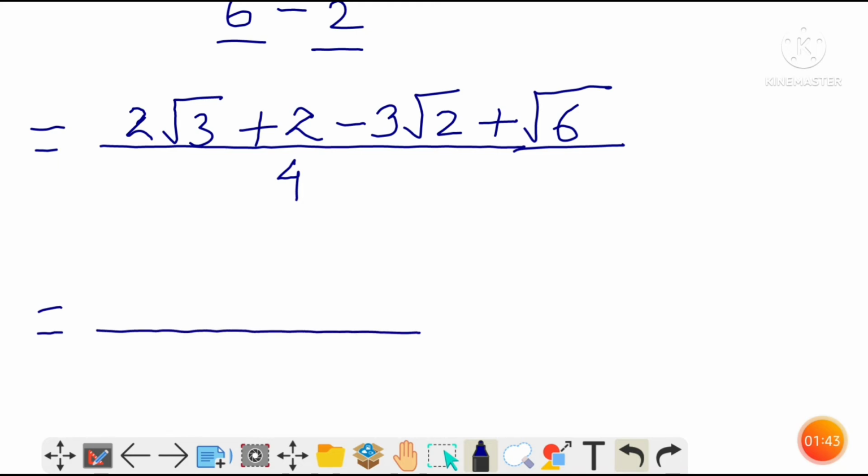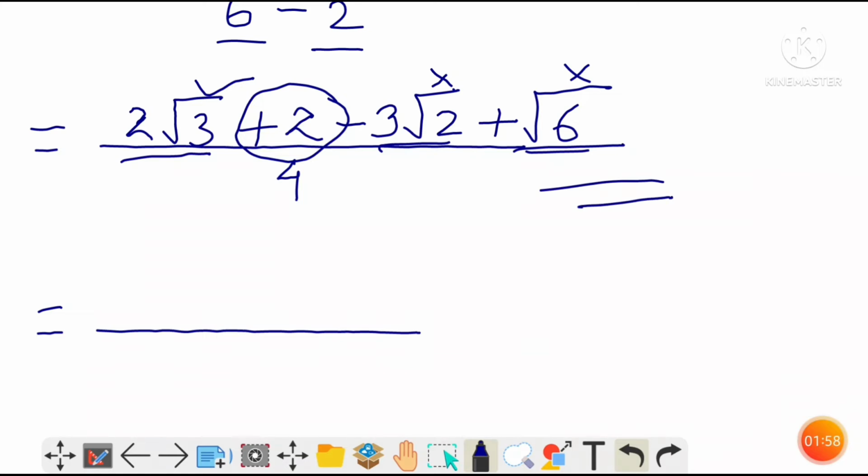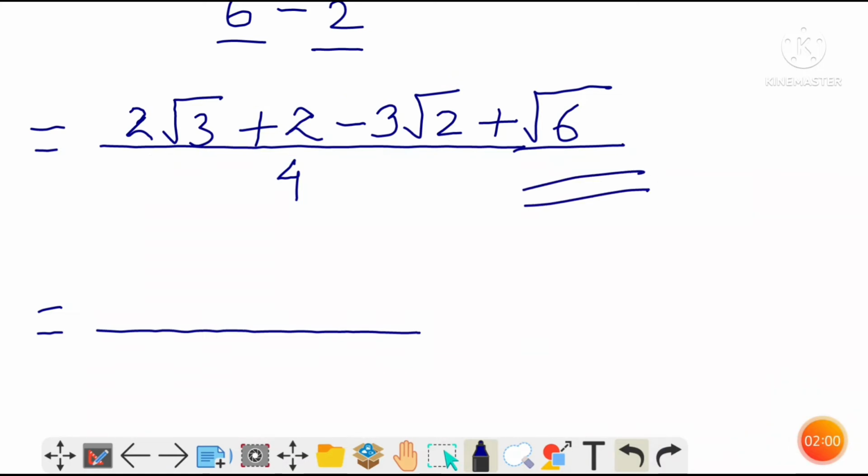Now in the numerator we cannot add or subtract these roots because they are different roots, so they will remain as they are. And for the number plus 2, there is no other number to add or subtract, so it will also remain like that. So here we got our answer.